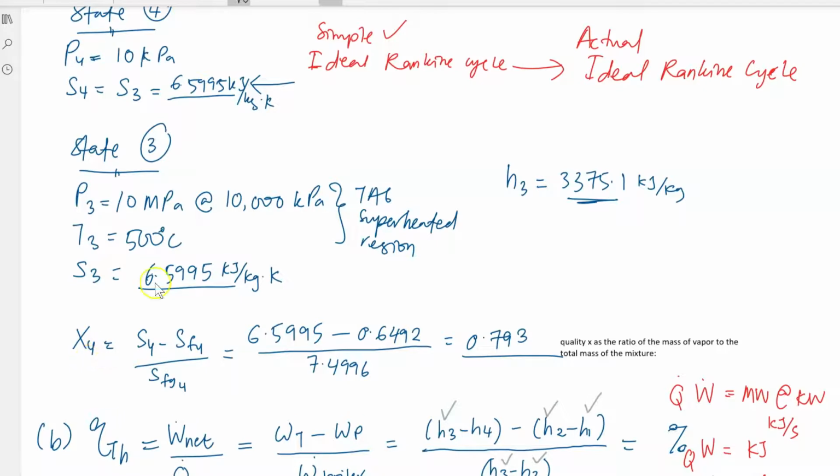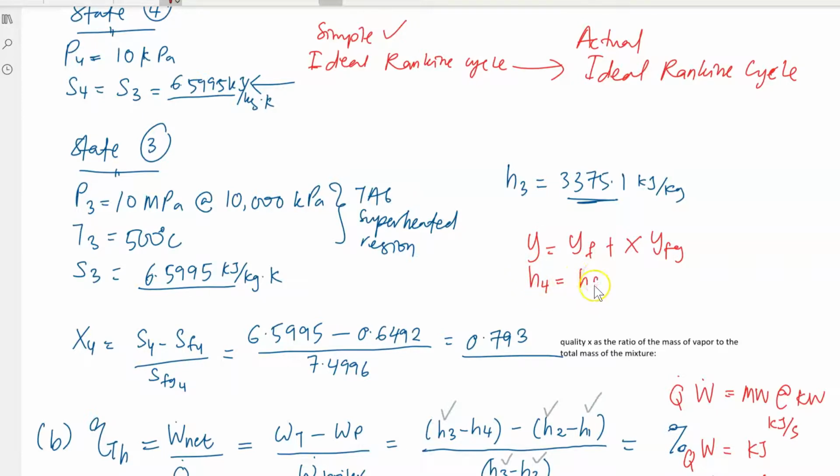You are going to make use of the general equation, which is Y equals YF plus X YFG. Previously you made use of your S, now you are trying to look for your H4.